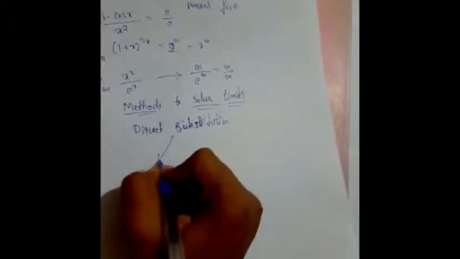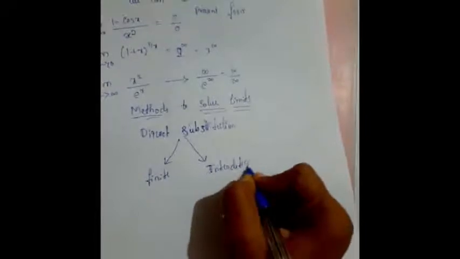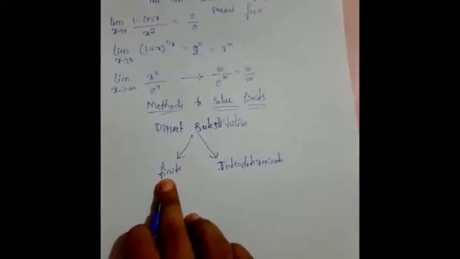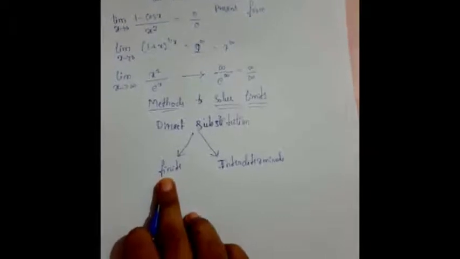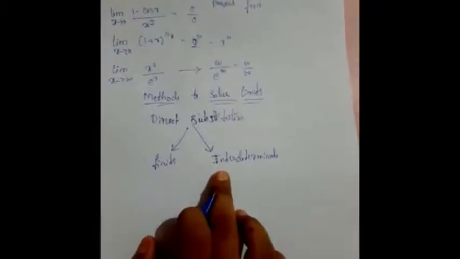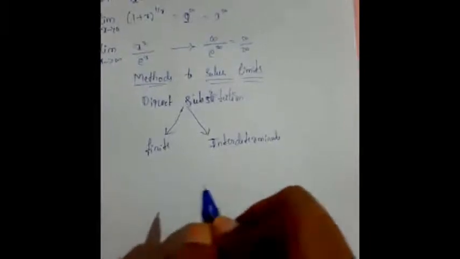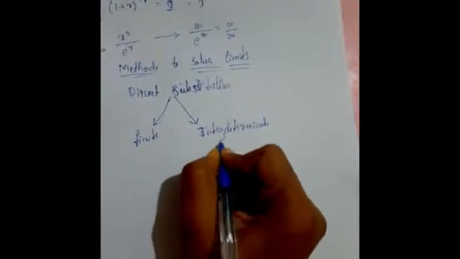If you get a finite value, that's fine, that is the limit at that particular point. If you get indeterminate, then there is another game. There are so many methods to solve the indeterminate form.